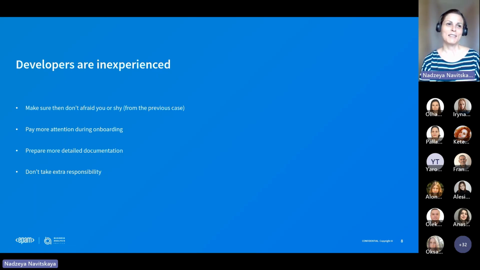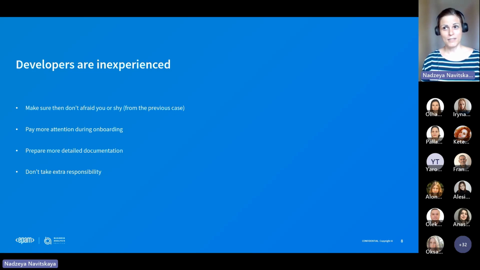Sometimes when developers see that you're eager to help, to explain requirements, to prepare more detailed documentation, they start to ask you technical questions, like, in what class should I make the adjustments? Or, what error code should I use for this validation?